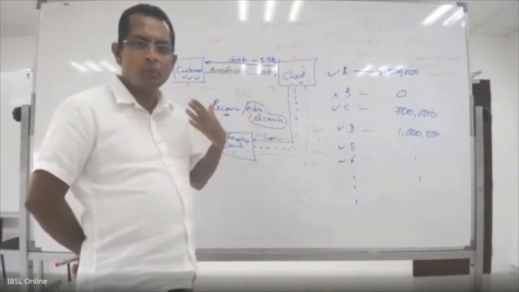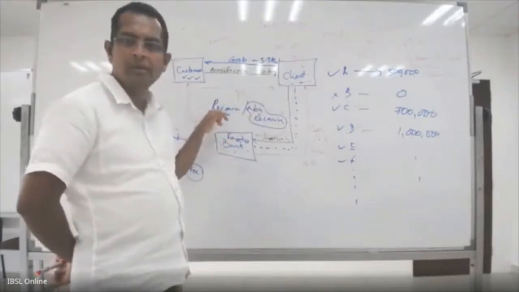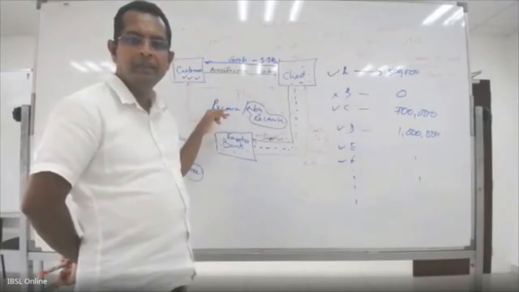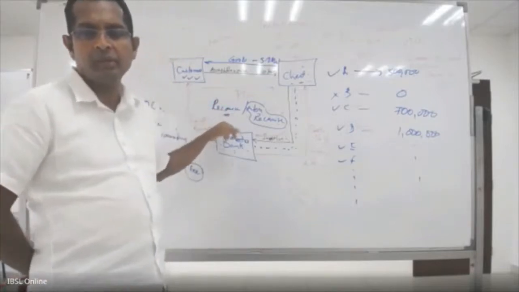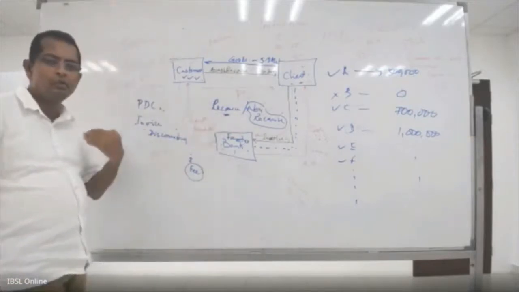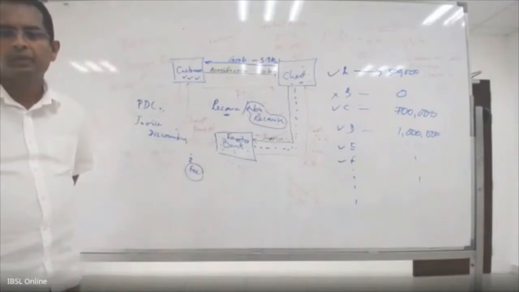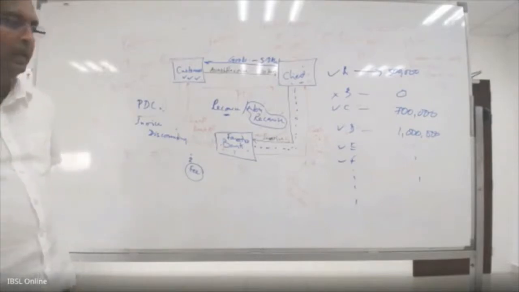When you ask for collateral, it is a recourse, right? It is a recourse. Factoring is normally non-recourse. Is it clear? Okay. Anyone else?